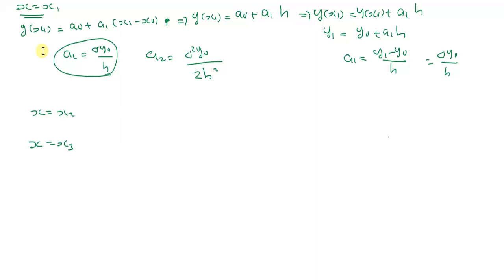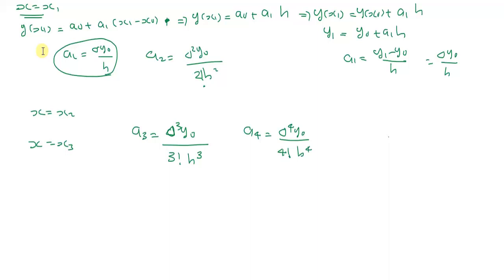Then you will get a3 is equal to del cube y naught by 3 factorial into h cube. Actually this 2 is 2 factorial, and a4 will be equal to del raised to 4 y naught by 4 factorial into h raised to 4.